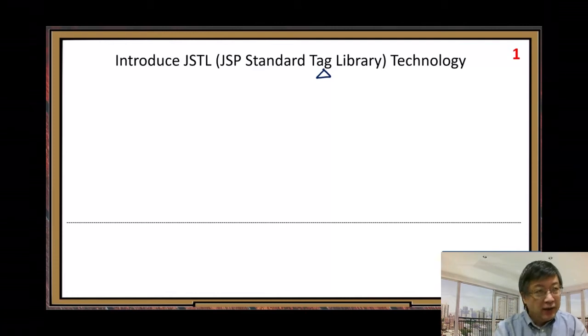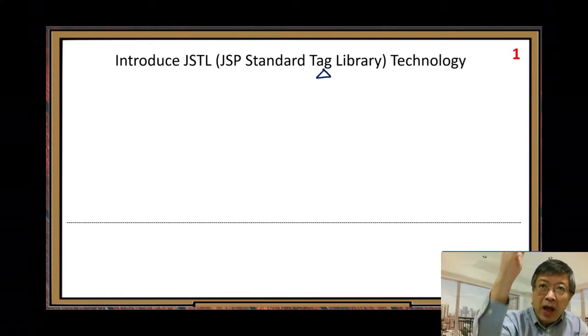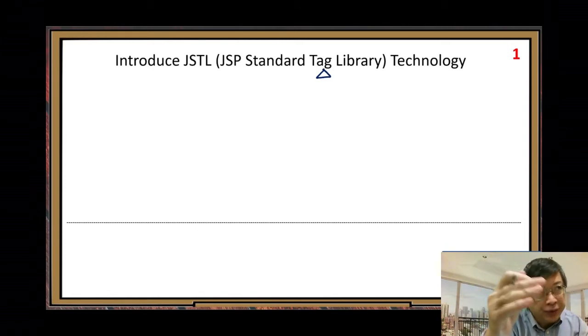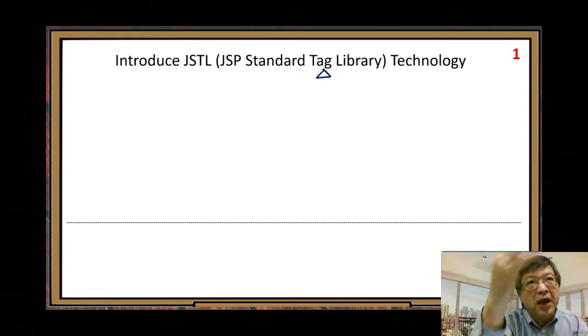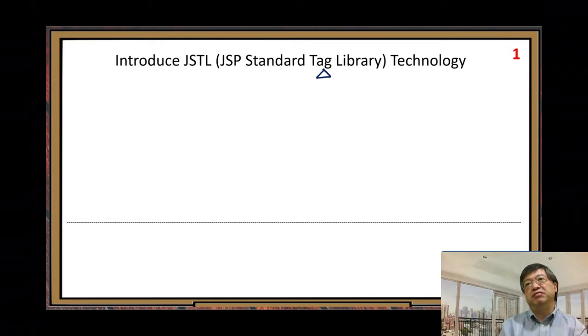So now you see the main feature of this technology: using the typical tag way to do the data presentation. All right, here, let me give you the reason behind it.